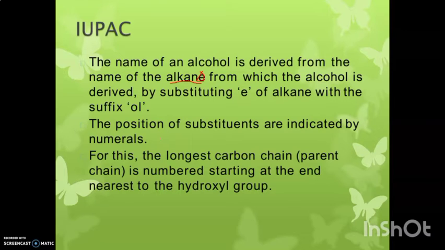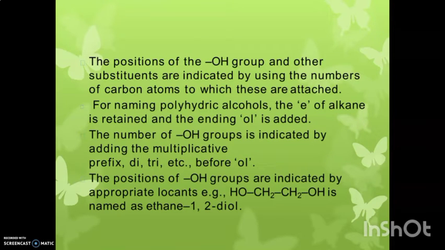Similar to our haloalkanes, we have to find the position of substituents by numbers. The first step is to find the longest carbon chain, that is the parent carbon chain. From one end we count, and the hydroxyl group should get the least number. Here you can see an example. We give the position of the OH group by numerals, and last we add the ol.